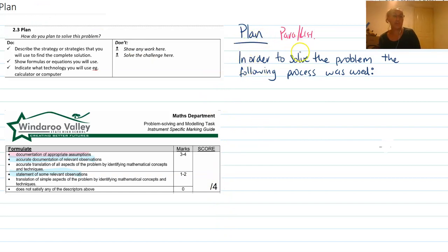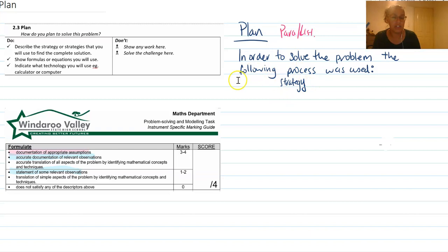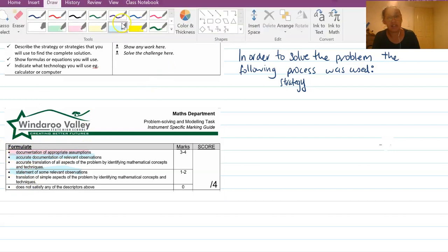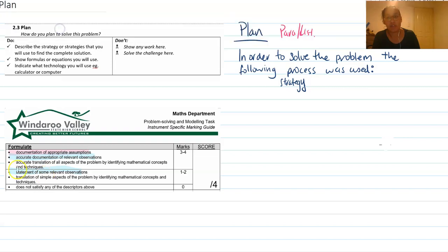You can use different words, but it's really important that you actually do this yourself, because you have to be able to demonstrate these two aspects down here. What we're looking at in your criteria sheet is this bit here: accurate translation of all aspects of the problem, identifying mathematical concepts.